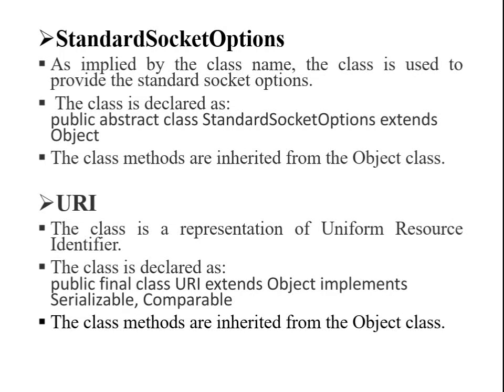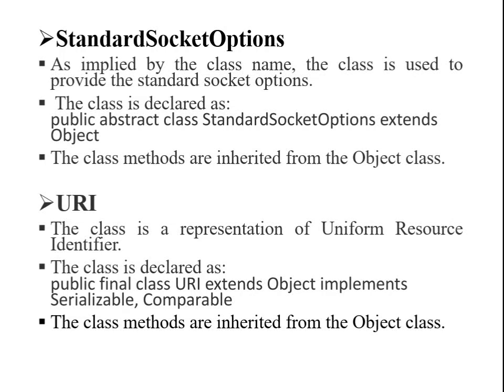Next one is StandardSocketOptions. As implied by the class name, the class is used to provide standard socket options. The class for the StandardSocketOptions is declared as public final class StandardSocketOptions extends Object. The class methods are inherited from the Object class.